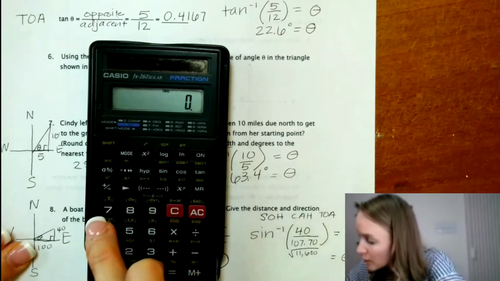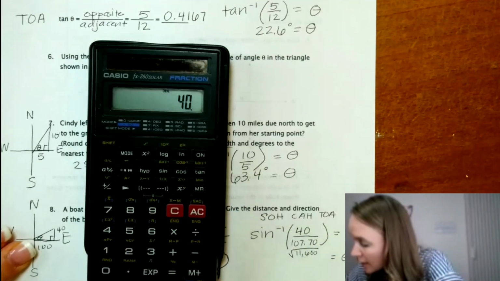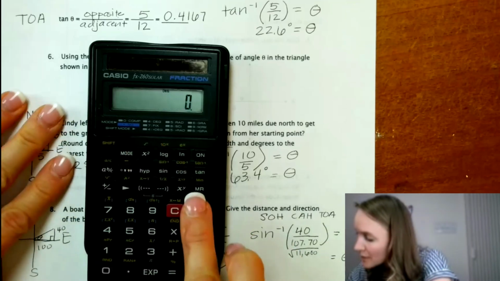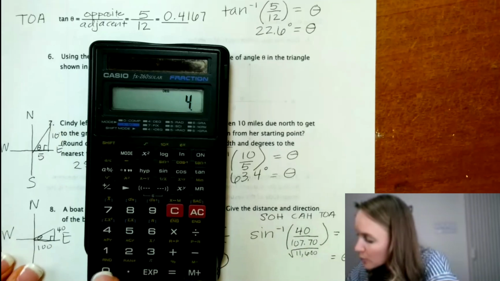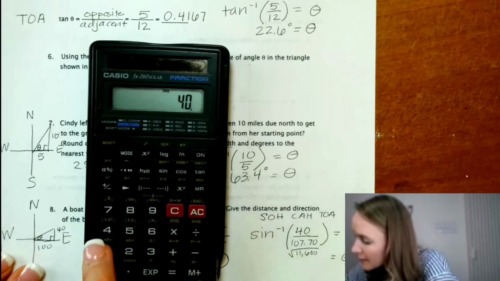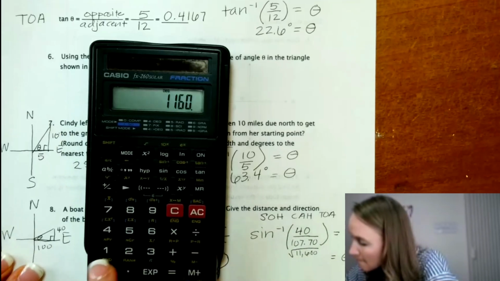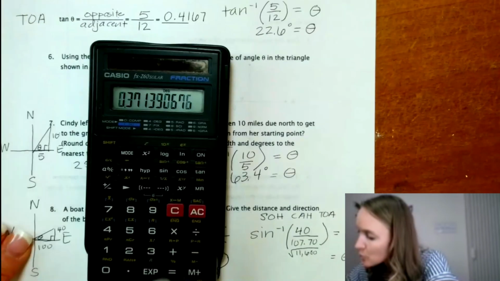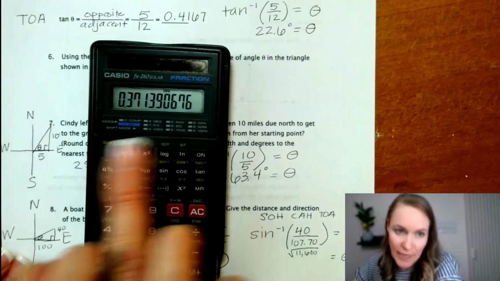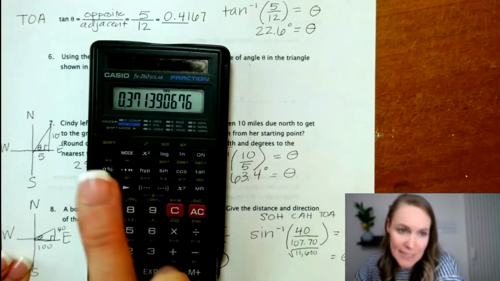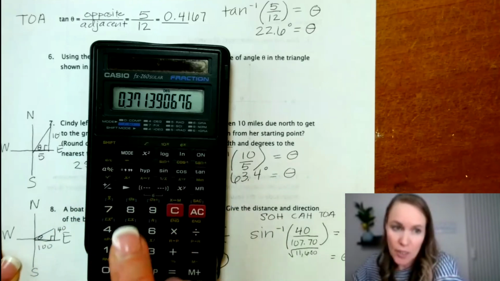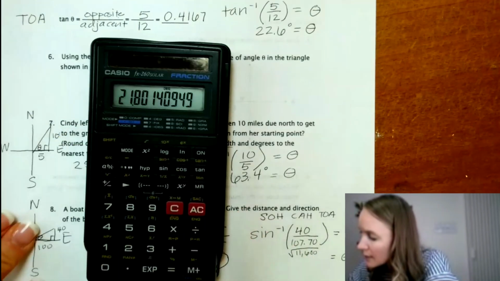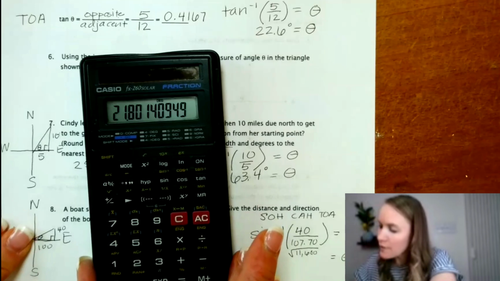So I want to do 40 divided by the square root. Let's see, 40 divided by, I think I have to input the number, and then I need to square root that part, and then equals, and it's going to give me the right answer. And then I need to take the sine of this number. So then I go shift sine, and then that gives me the theta.